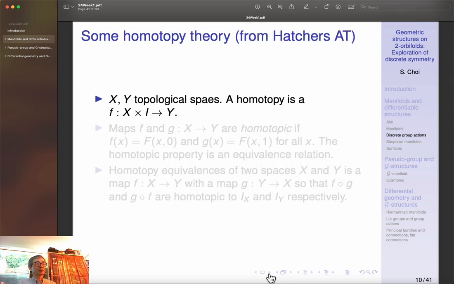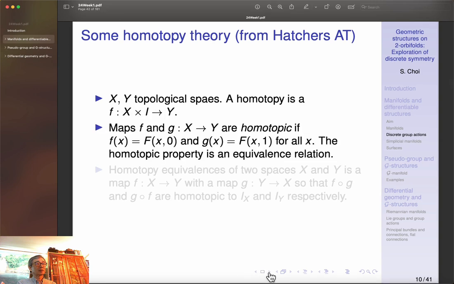So let's recall some homotopy theory. Let X and Y be topological spaces. A homotopy is a map from X times I to Y, so maps F and G are homotopic if F(x) is H(x,0) and G(x) is H(x,1) for all x. The homotopy property is actually an equivalence relation; you can verify that.